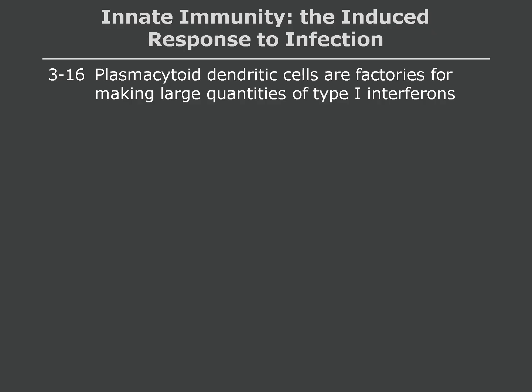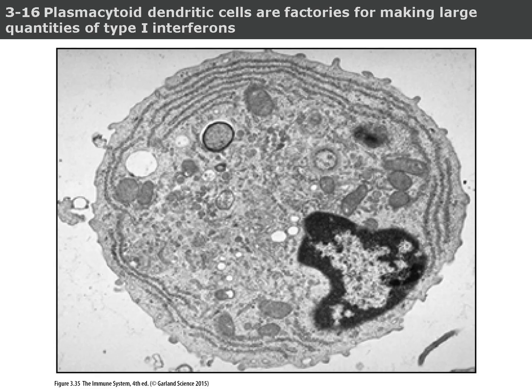Plasmacytoid dendritic cells are factories for making large quantities of type I interferons. This image shows a highly magnified view of a plasmacytoid dendritic cell, a specialized immune cell known for its exceptional ability to produce large quantities of type I interferons during viral infections.